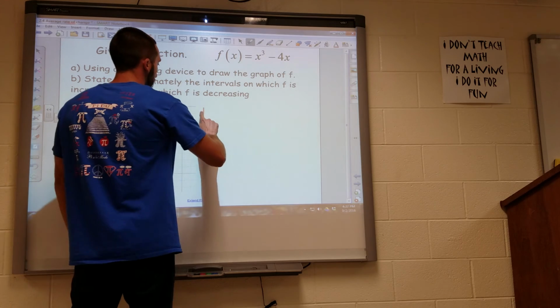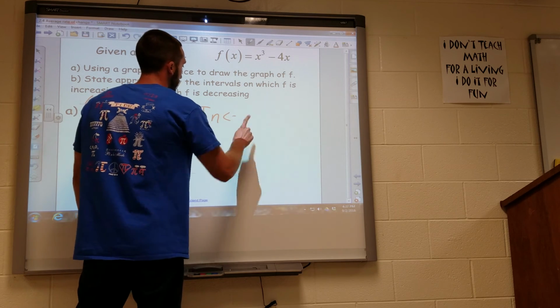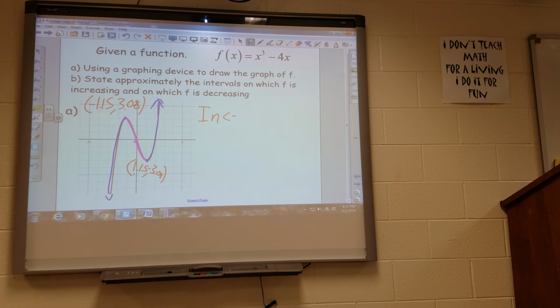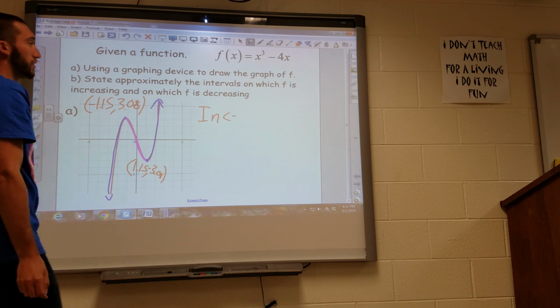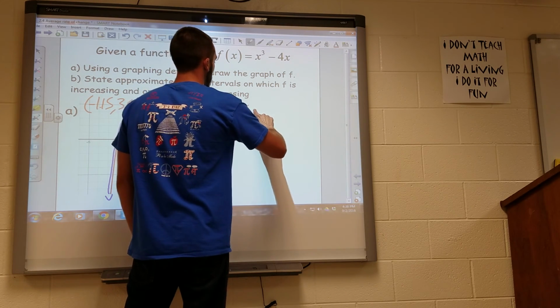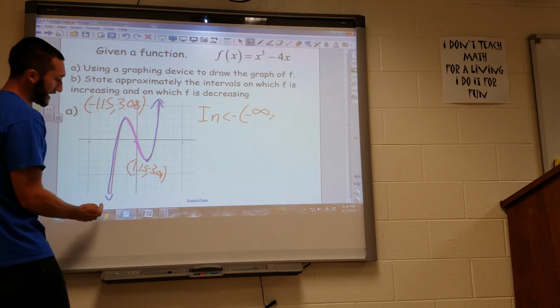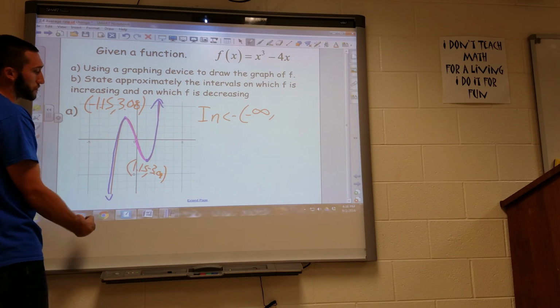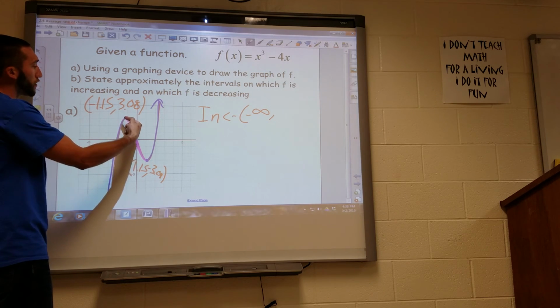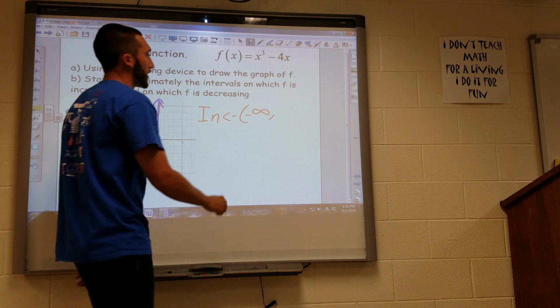So increasing, I can just abbreviate it. Increasing. So we are increasing from negative infinity, right? Whatever negative number I can think of, we're going to be increasing. So it starts at negative infinity. And I increase until I get to this point. So I'm increasing from negative infinity all the way to the point negative 1.15.